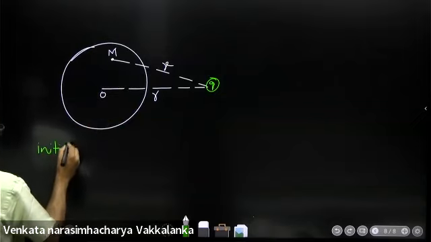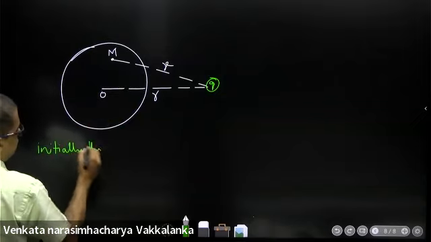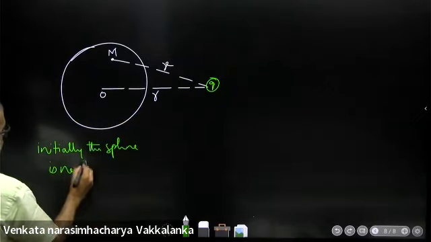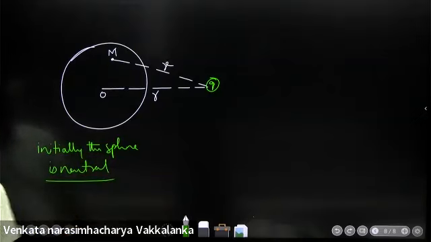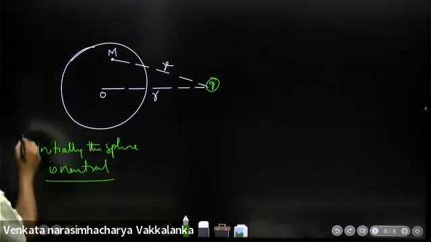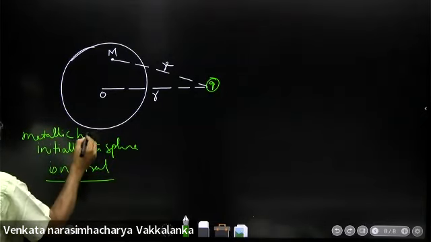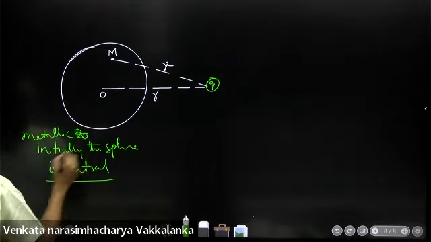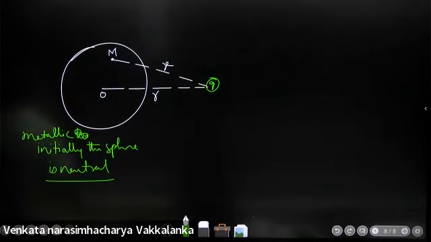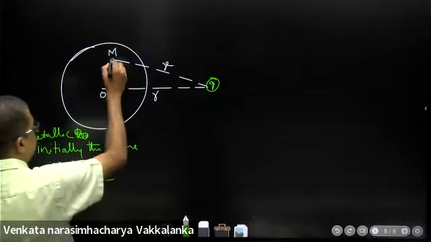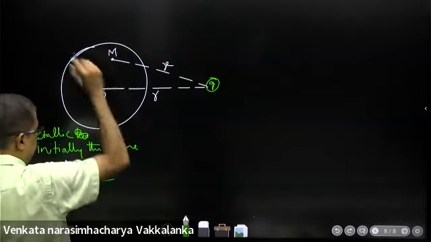Initially, the sphere is neutral. Initially, the sphere is metallic, hollow or solid, doesn't matter. Metallic sphere. Initially, the sphere is neutral. They're asking you to find the field and potential at M due to the induced charges.